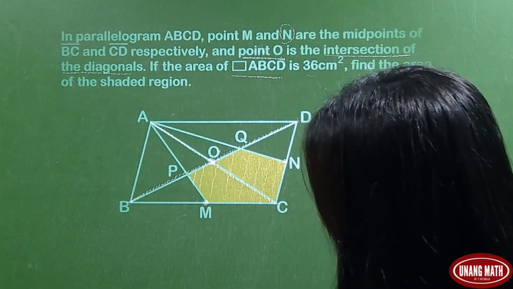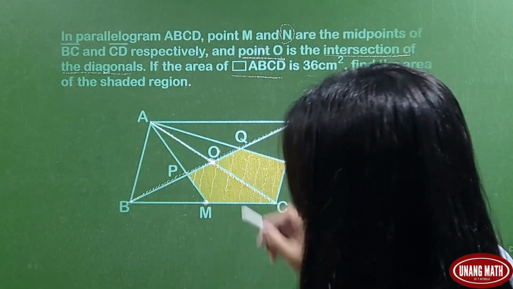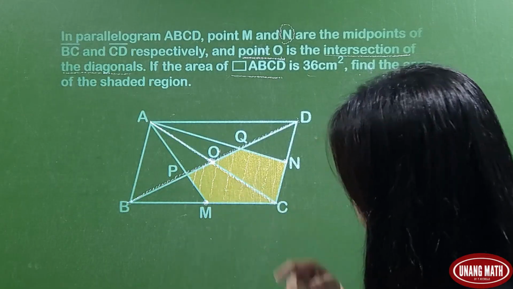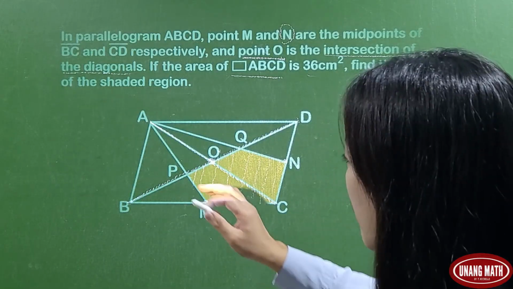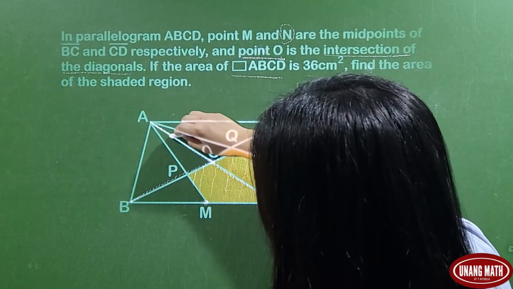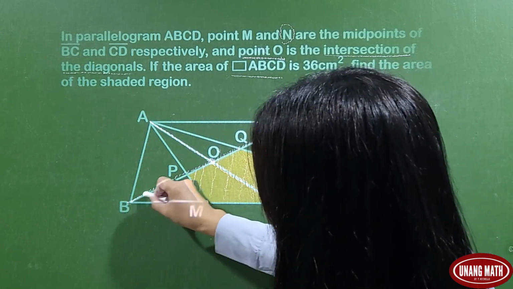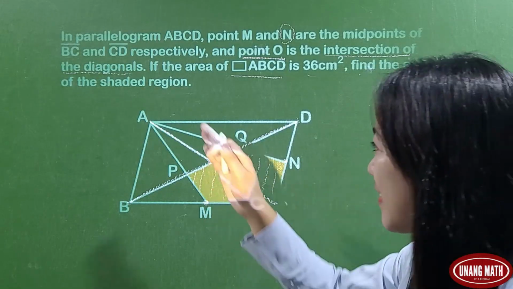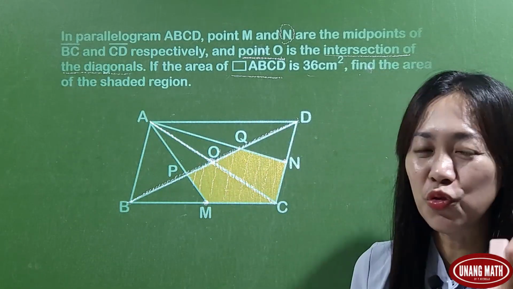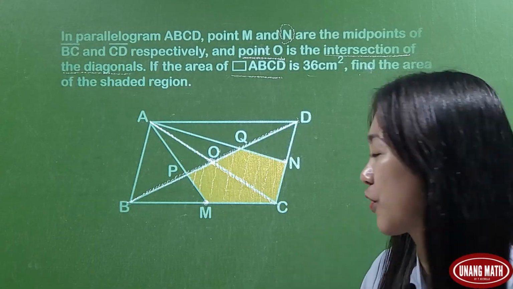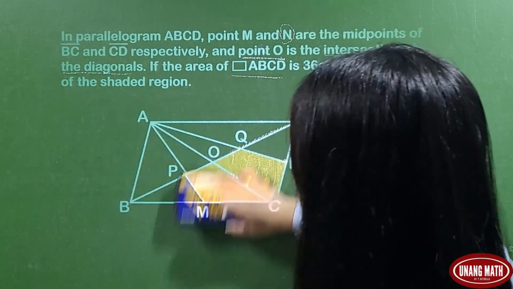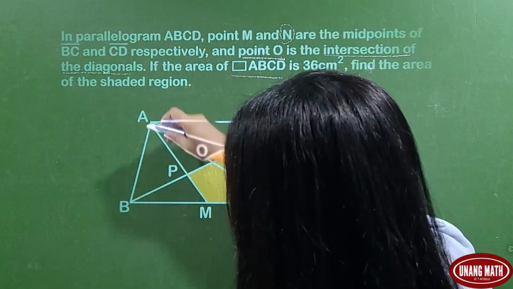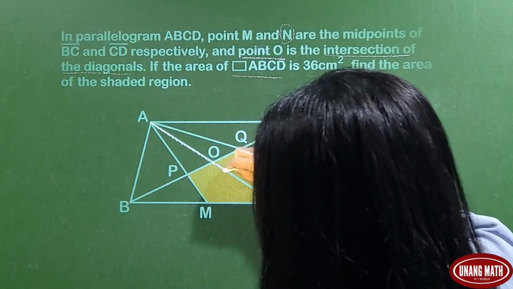So to find the area of this shaded part, we already know that diagonals of a parallelogram divide the parallelogram into two equal parts or two equal triangles. Okay, let's consider this diagonal AC.